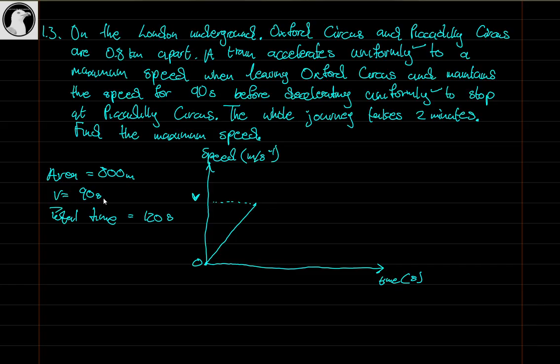It lasts for 9 seconds. So after 9 seconds, it's going to be like that. Now after that 9 seconds, it's going to decelerate again uniformly. It doesn't actually matter. I'm just going to leave the gradient like that because we are not told much about the gradient.